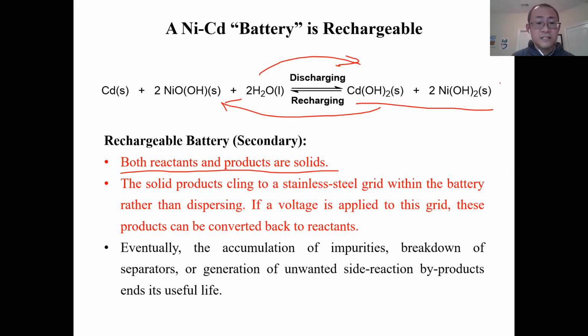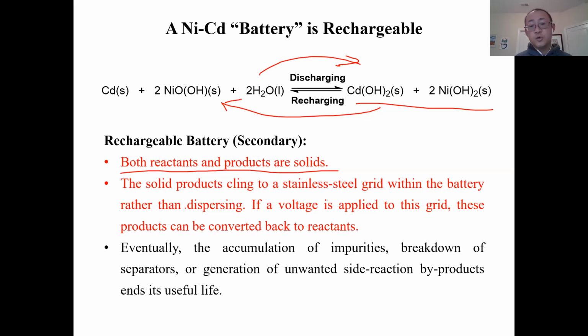And not only that, the solid products must cling to a stainless steel grid within the battery rather than dispersing. That means they have to be on the metal plate or grid so that the battery can be rechargeable. And if voltage is applied to the grid, these products can be converted back to reactants. So these two are actually very important factors to be considered when you manufacture a rechargeable battery, not just the chemical reaction being reversible.